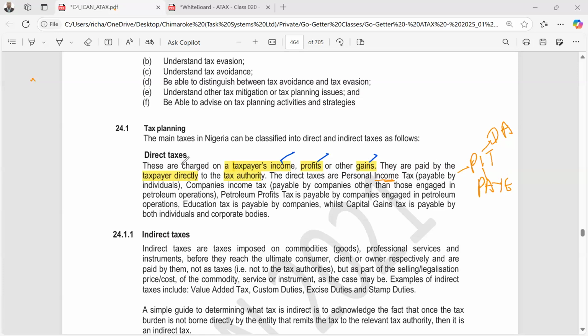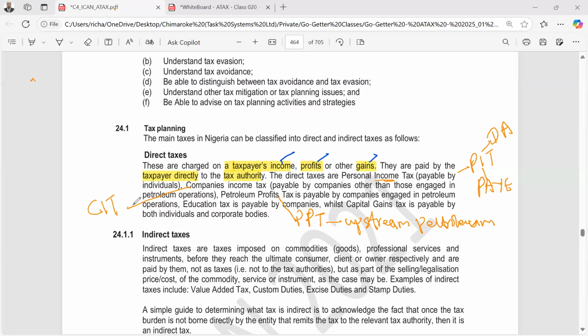Then we have the company income tax, payable by companies, all other companies except the petroleum industry. Then we have the petroleum profit tax, PPT. This is paid by upstream petroleum companies. When we are learning PPT or oil and gas, you will know what all this means.